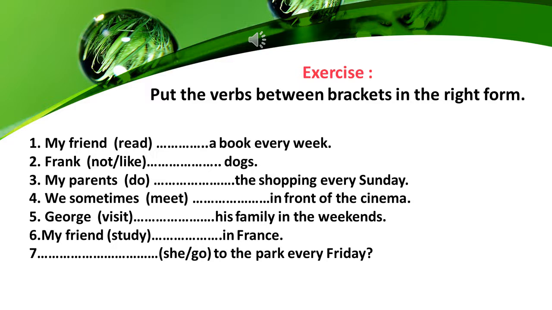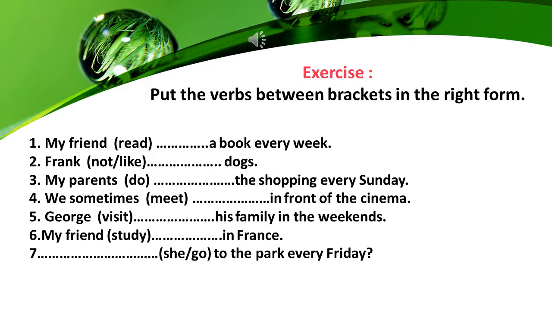We sometimes meet in front of the cinema. So we sometimes meet. So the verb meet. Here, are we going to have a change? No. Number 5: George visits his family in the weekends.